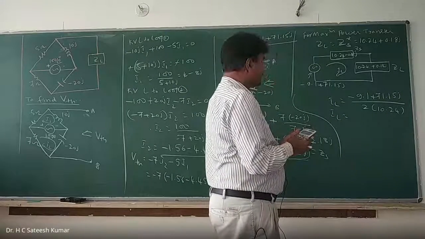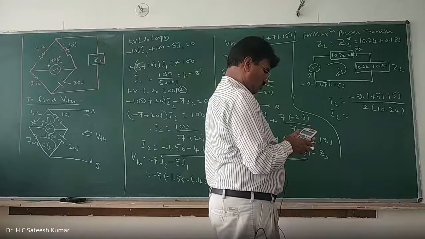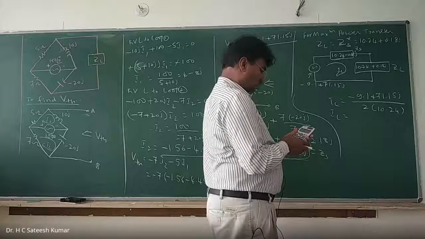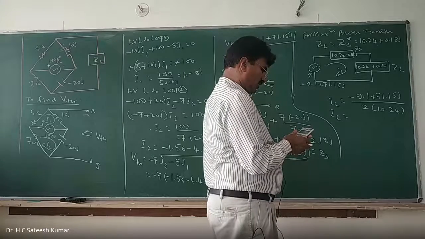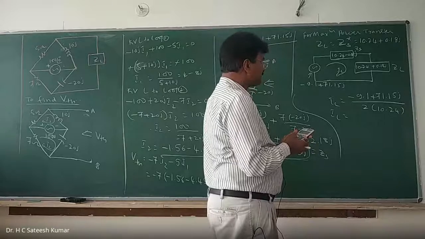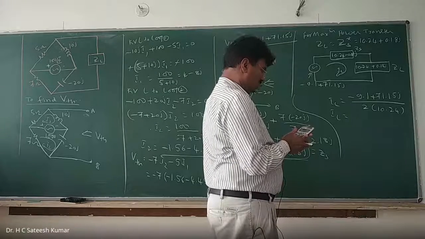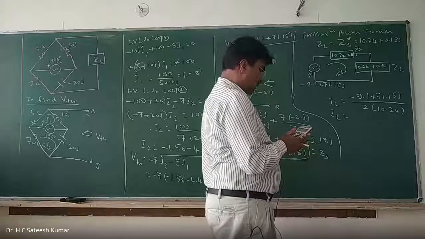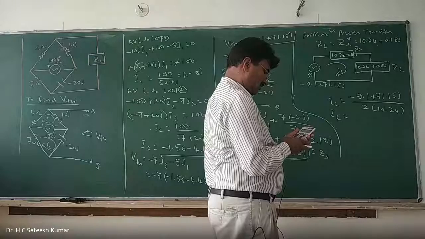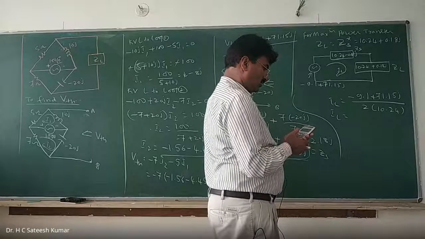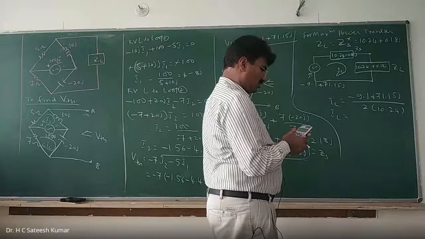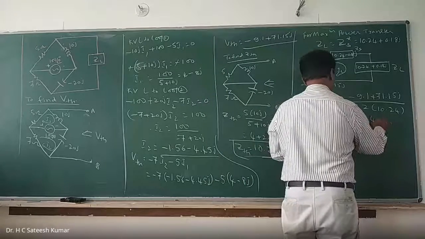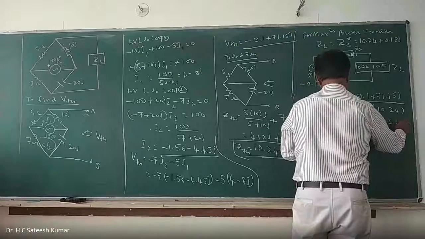Bracket minus 9.1 plus 71.15j, close the bracket, divided by 2 bracket 10.24. How much did it come to, madam? Minus 0.44 plus 3.47j.